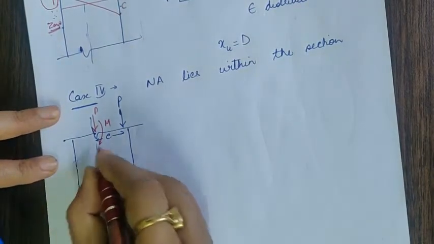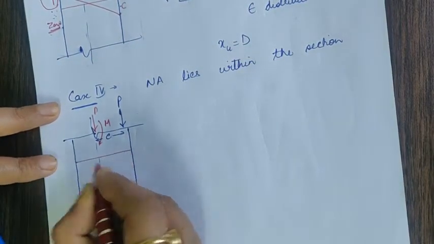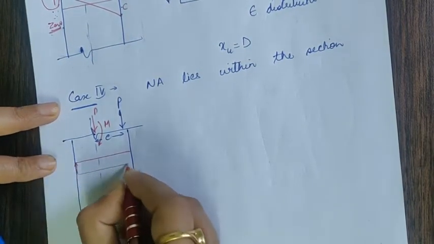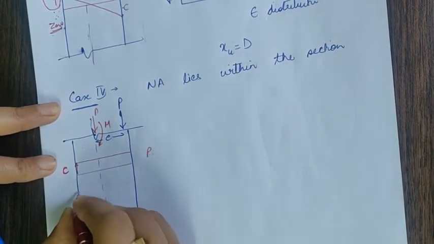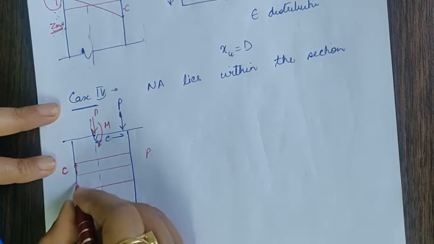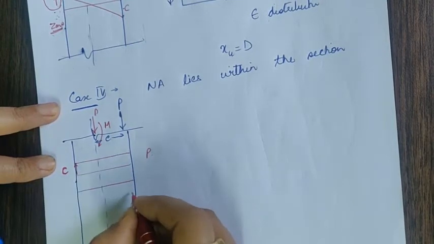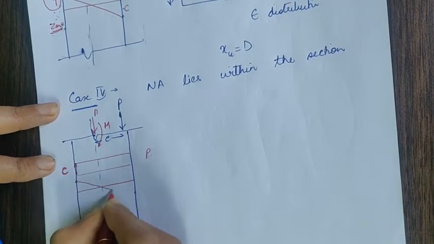Because of P, there will be compressive strain. Because of M, there will be tensile strain on this side and compressive strain on this side.